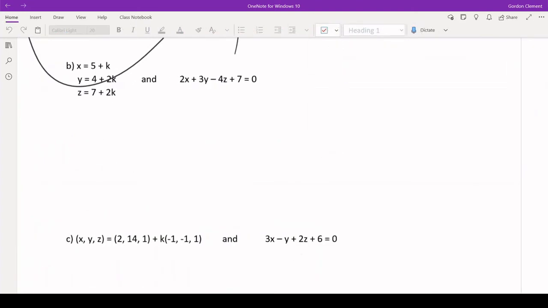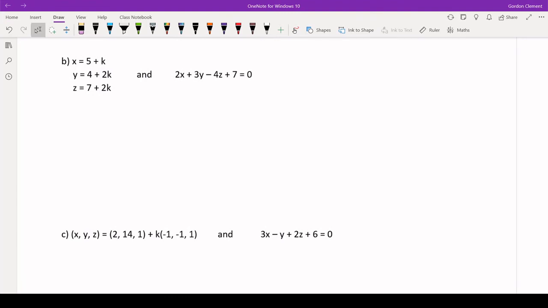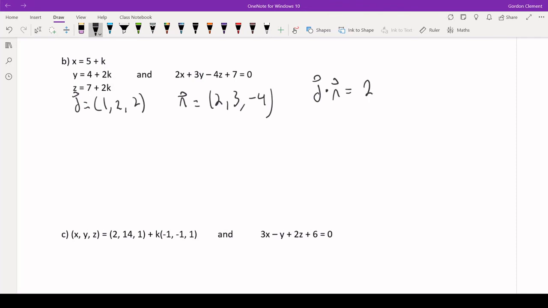All right, so let's take a look at this one. Just going to get rid of that circle there. So the direction vector of the line is 1, 2, 2. The normal vector of the plane is 2, 3, negative 4. If I start with the dot product here, I get 2 plus 6 minus 8, and I get 0.